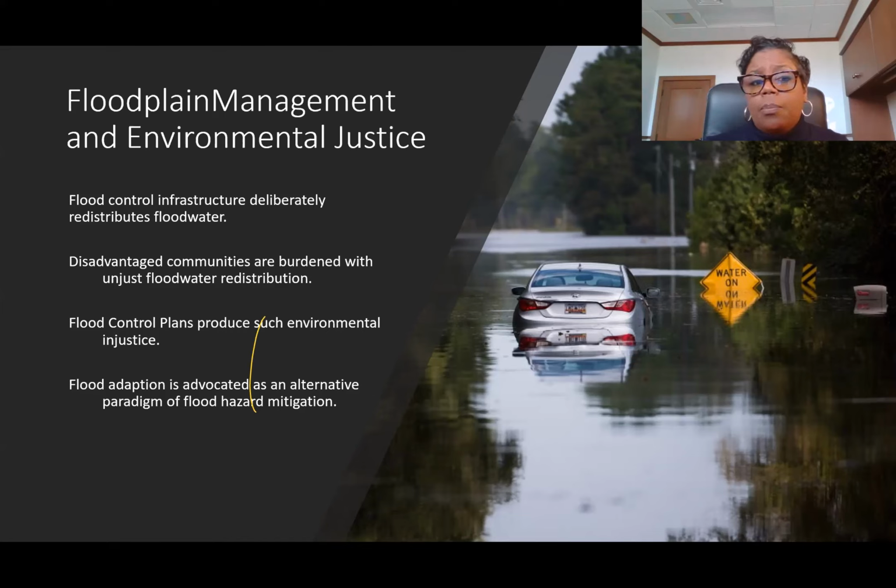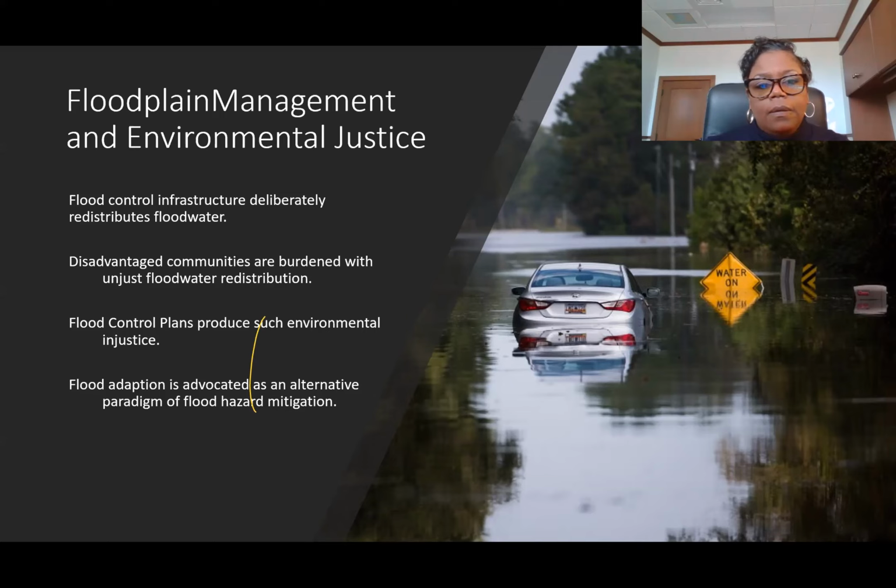Disadvantaged communities are burdened with unjust floodwater distribution. You have environmental injustice as a result of some flood control planning. People in the 9th Ward in New Orleans would argue that is environmental injustice in their community about how flood planning was done.